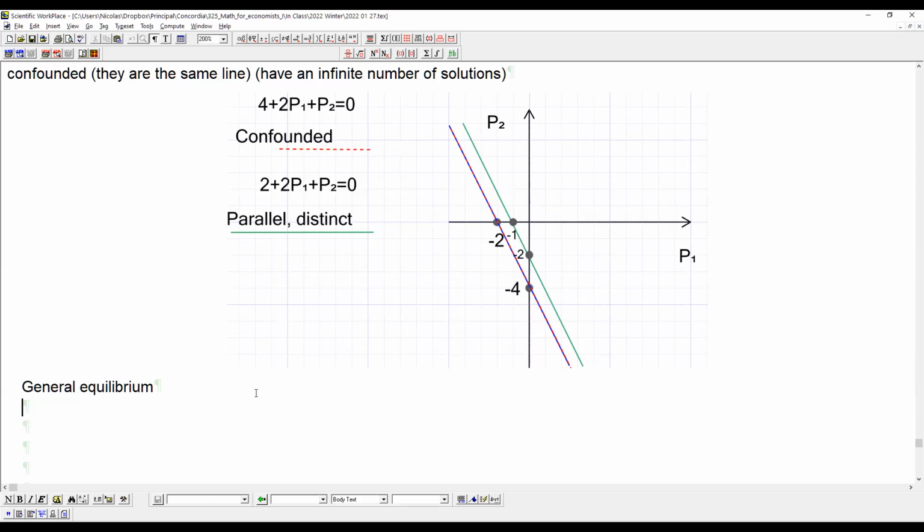General equilibrium, yeah. Such a model incorporates consumer preferences and budget constraint.